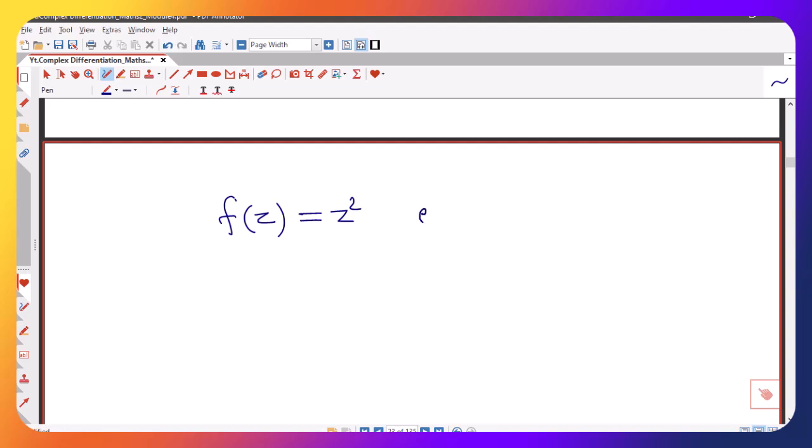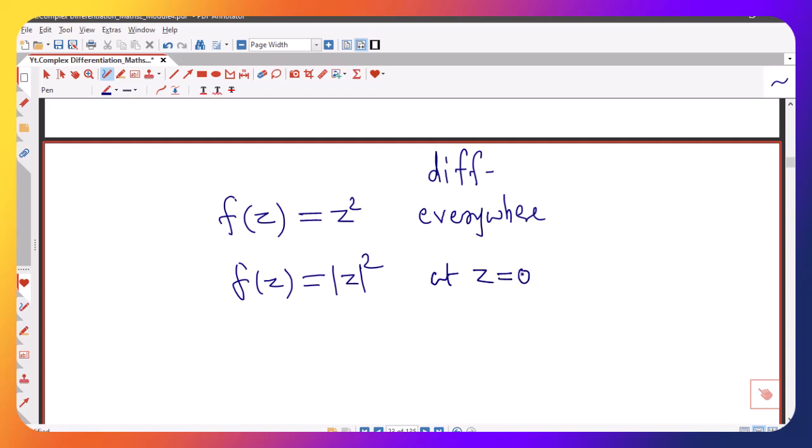This was differentiable at every point, or we can say that z square is differentiable everywhere. Then we discussed the function given by f of z equal to square of modulus of z, and this was differentiable at only one point, that is z equal to 0 or origin. And in this lecture we have discussed f of z equal to z bar, and this is differentiable nowhere, or it is not differentiable at any point.